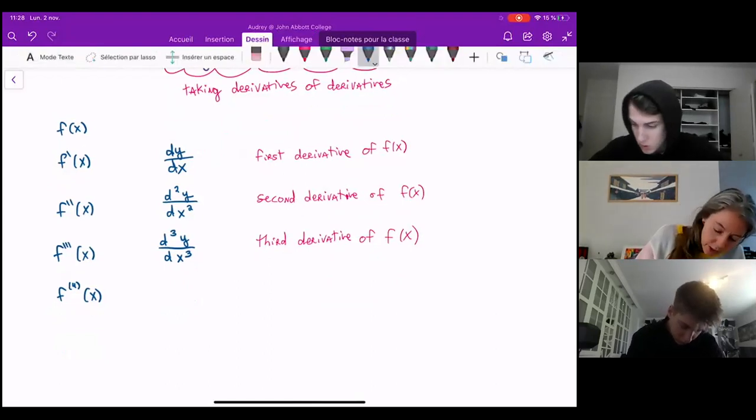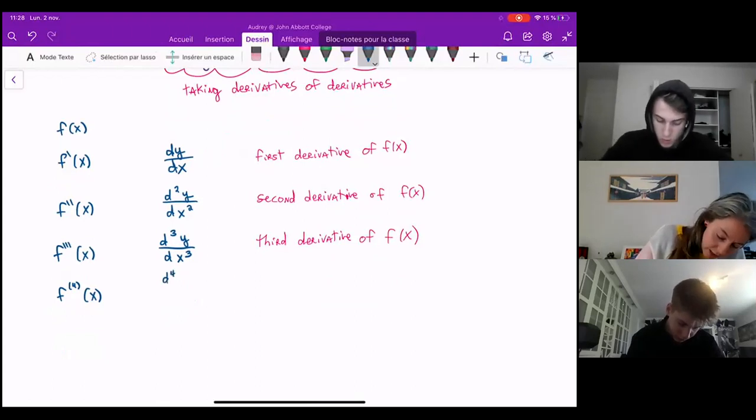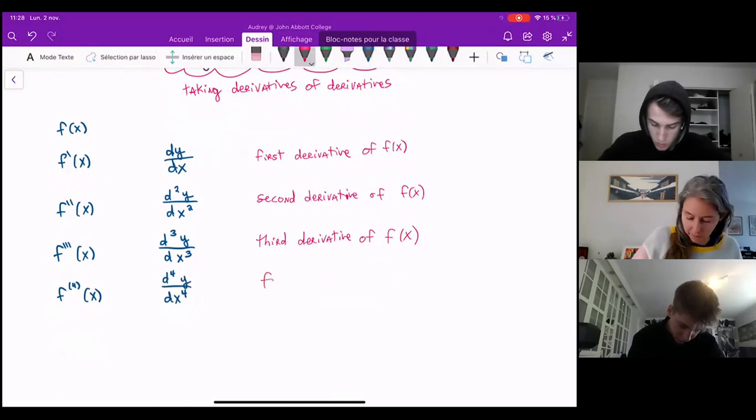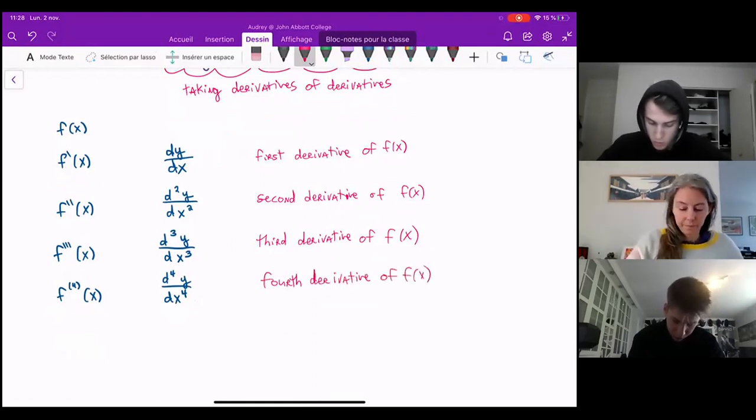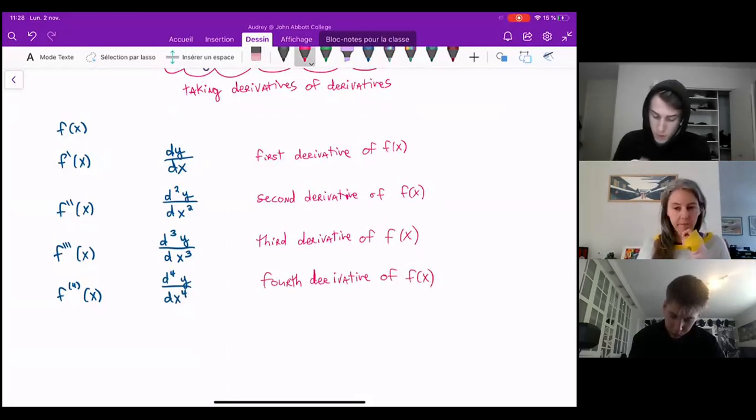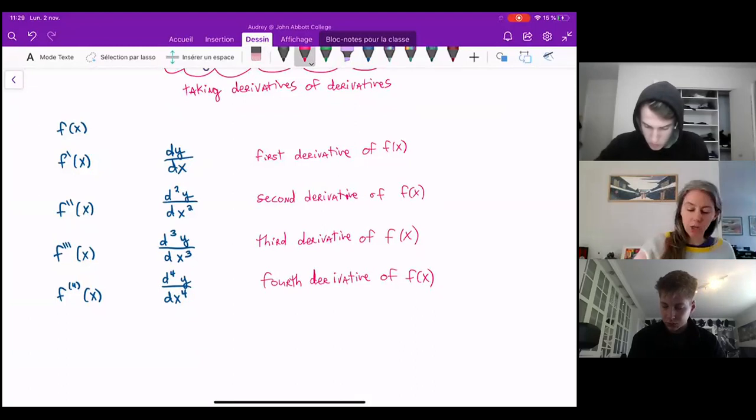This other notation, my Leibniz notation, doesn't change. Okay, so what that means is the fifth derivative, the sixth derivative, I can keep using this notation forever.